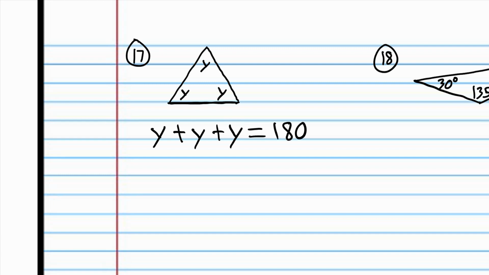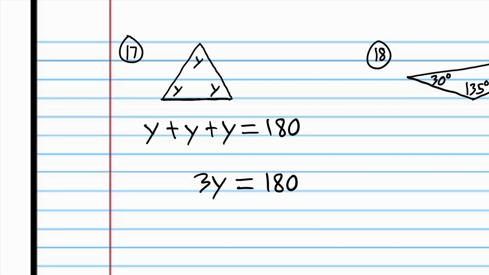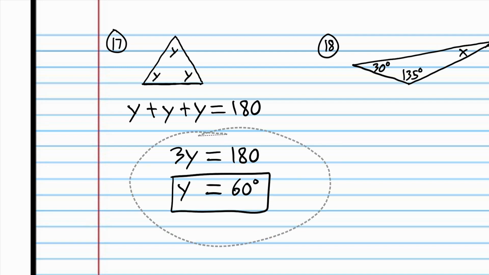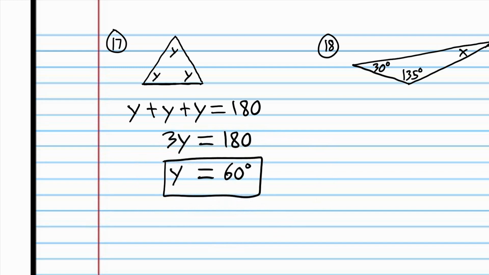Now, we know that if you add y 3 times, we can just simplify that to 3y. Then we can just divide both sides by 3 to get 60 degrees. So dividing both sides by 3, that just gets rid of the 3 on the left side of the equation, and we end up with 60 degrees.